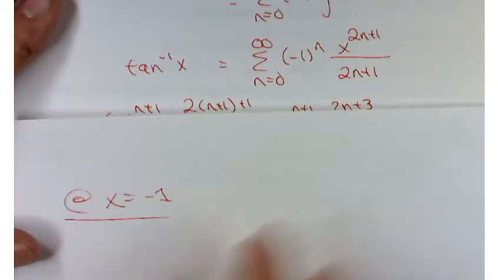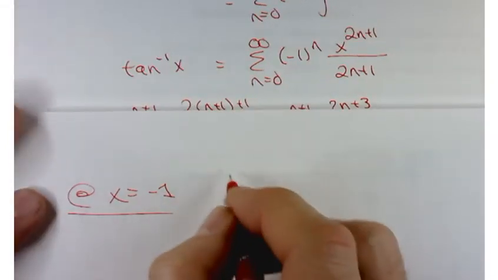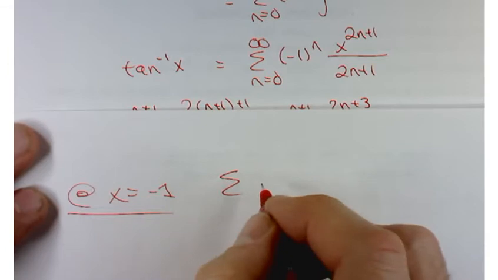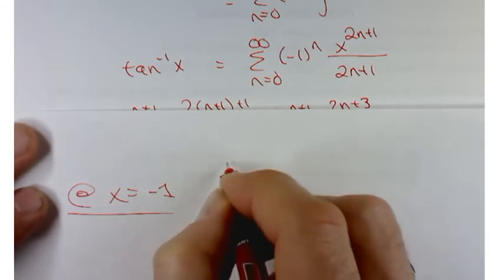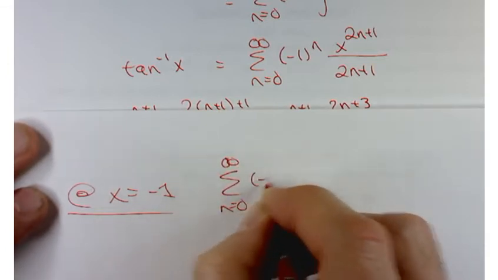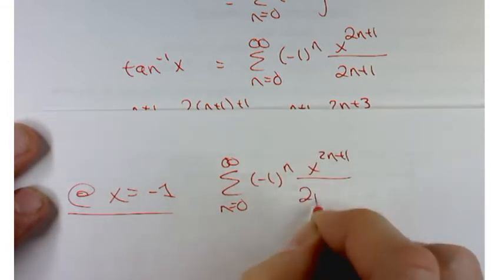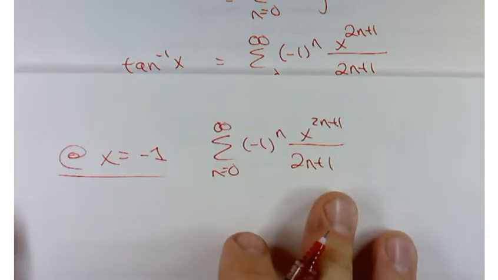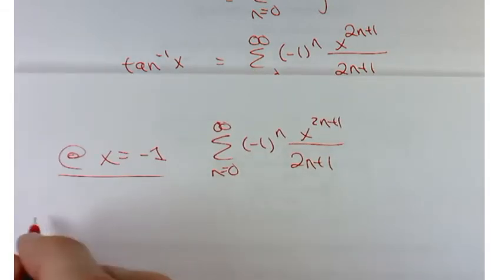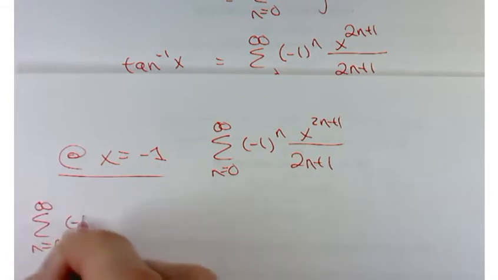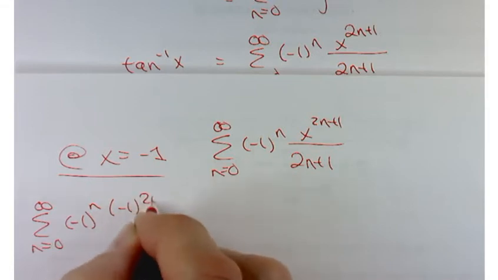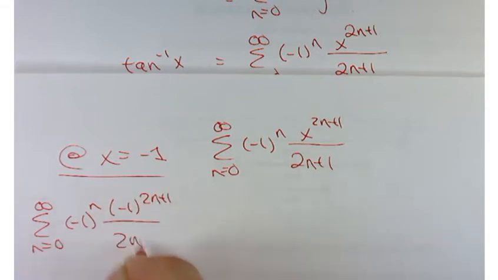At negative 1, testing in this series, let me rewrite that here. The sum from n equals 0 to infinity of negative 1 to the n, x to the 2n plus 1 over 2n plus 1. We would end up with the sum from n equals 0 to infinity of negative 1 to the n times negative 1 to the 2n plus 1 over 2n plus 1.